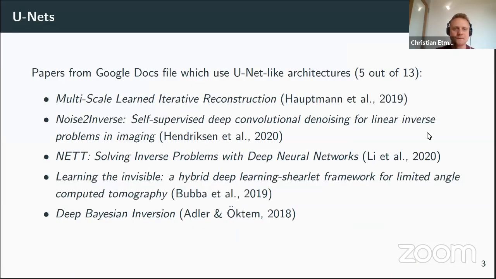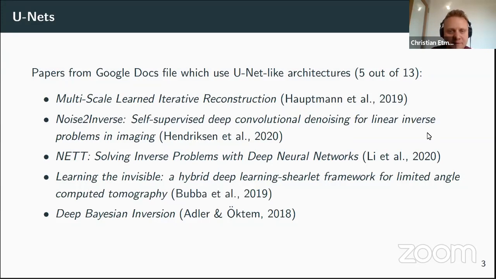So first, just to remind you how important this UNet architecture is, I took a look at this Google Docs file, which I believe Max uploaded yesterday, with proposed algorithms one might implement during this workshop. And out of the 13 papers that were listed there, 5 of those actually use a UNet at some point in their own algorithm.